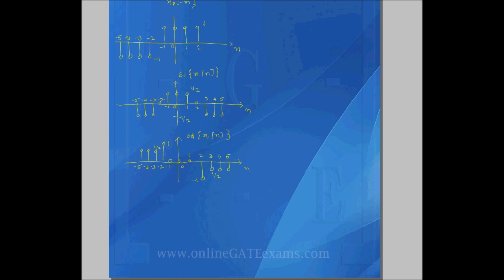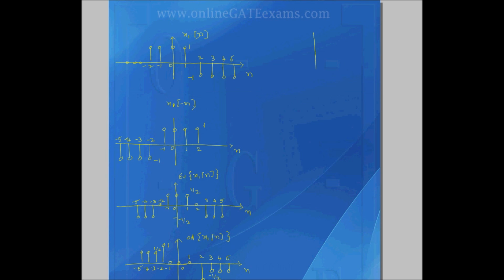Okay, so again we'll take one more example so that this will be clear. Right. Okay, so x2 of n let us take on the right hand side. So let us try to plot the even and odd parts of the signal.